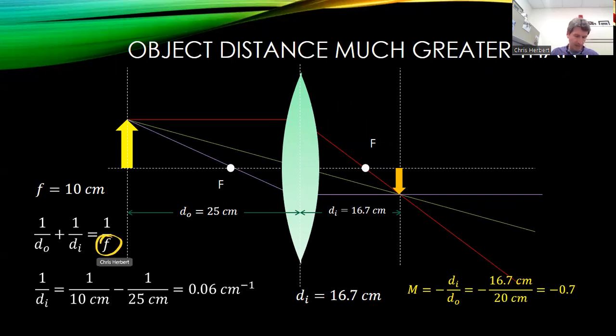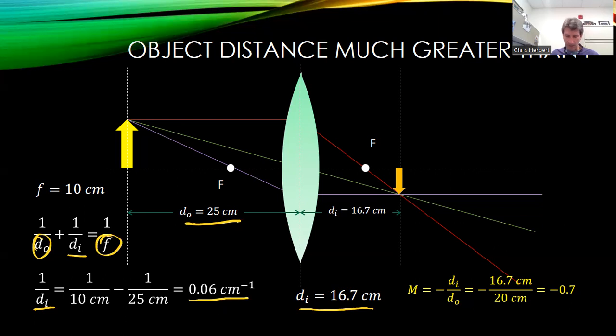My object distance is 25 centimeters. I want to solve for DI. So 1/DI is equal to 1/10 minus 1/25. That gives me 0.06 inverse centimeters. I take the inverse of that, and that places the image at 16.7 centimeters. So yeah, the image is closer than the object.